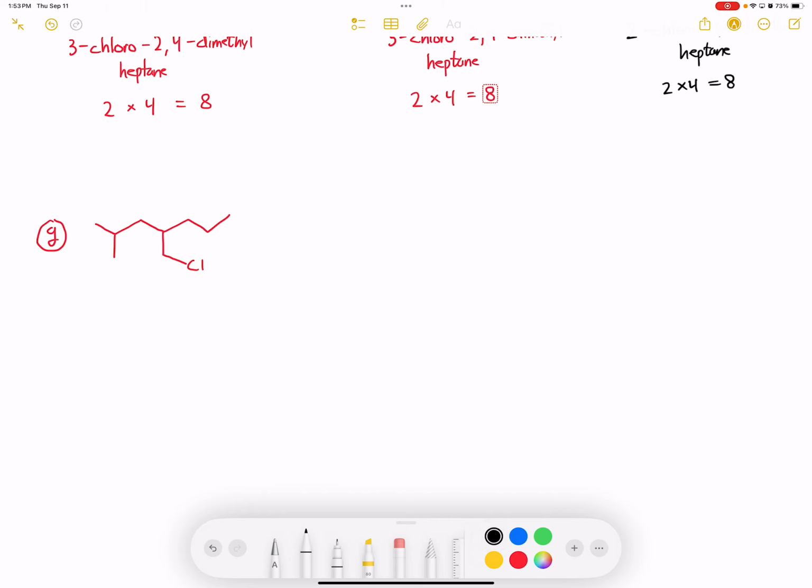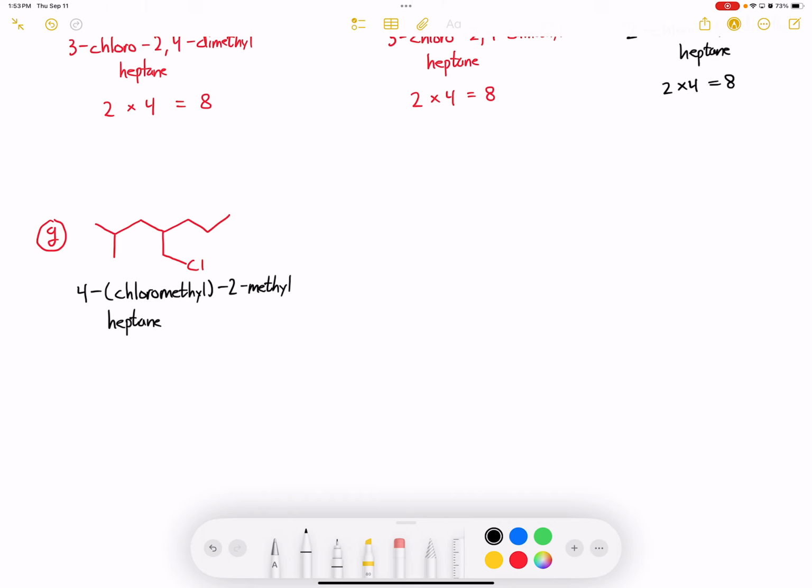So that one's going to come first because the methyl group starts with an M. So 4 parentheses chloromethyl 2-methyl heptane. Like that, okay?